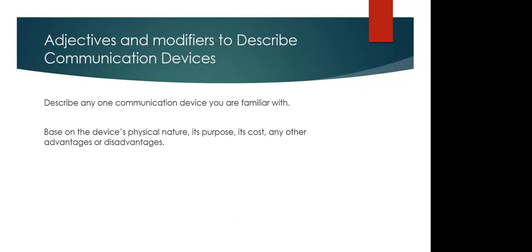Very good. Keep the adjectives coming, but for now, let's have people raise their hands and describe any communication device they know. As you're giving your answers, you can base on its physical nature, if it is slim, if it is heavy, if it's bulky, if it is black. Then you can talk about its purpose. Yes, you can also use that.